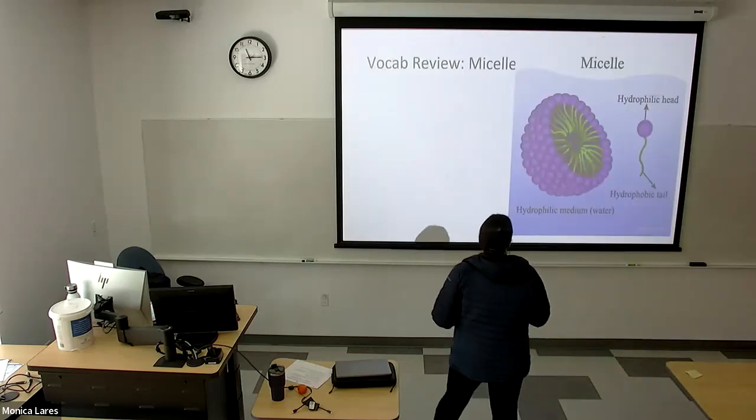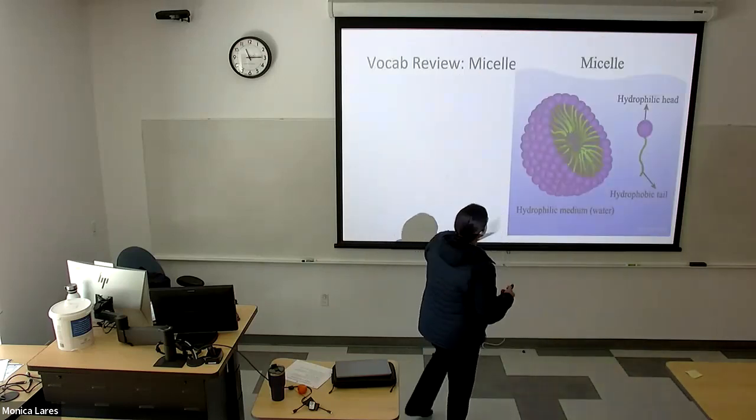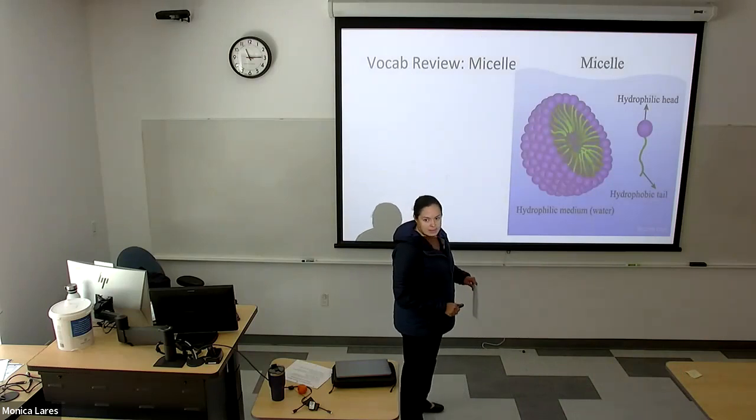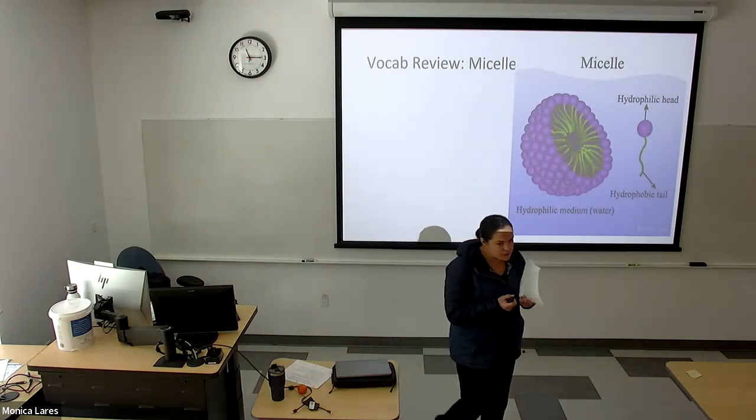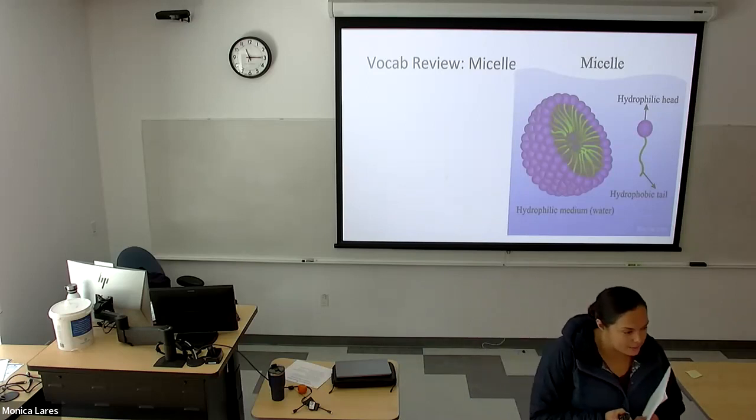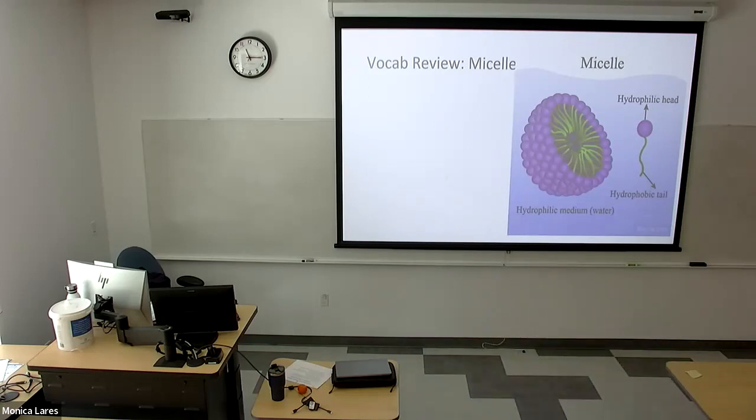And they'll talk about a micelle. Remember, a micelle is where you could have a fatty acid, something with a hydrophilic head and a hydrophobic tail. All those hydrophobic tails form the core of this micelle, with the hydrophilic heads on the outside towards the aqueous environment.